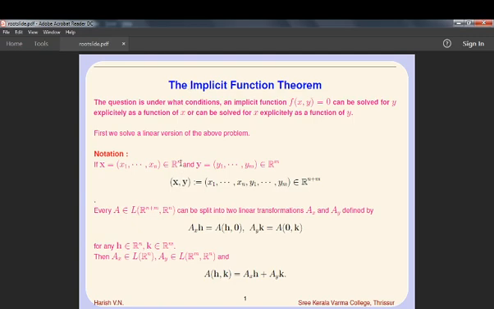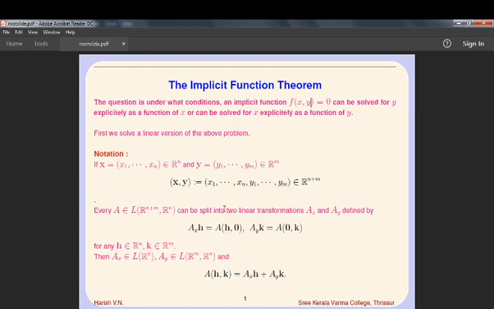And first let us prove a linear version of the above problem, f of x, y is equal to 0. That means suppose your f is linear, namely A of x, y is equal to 0. Can I solve y in terms of x or x in terms of y? That's what we are going to answer for the first time. And one more thing, in the general setup, this x and y may be vectors.